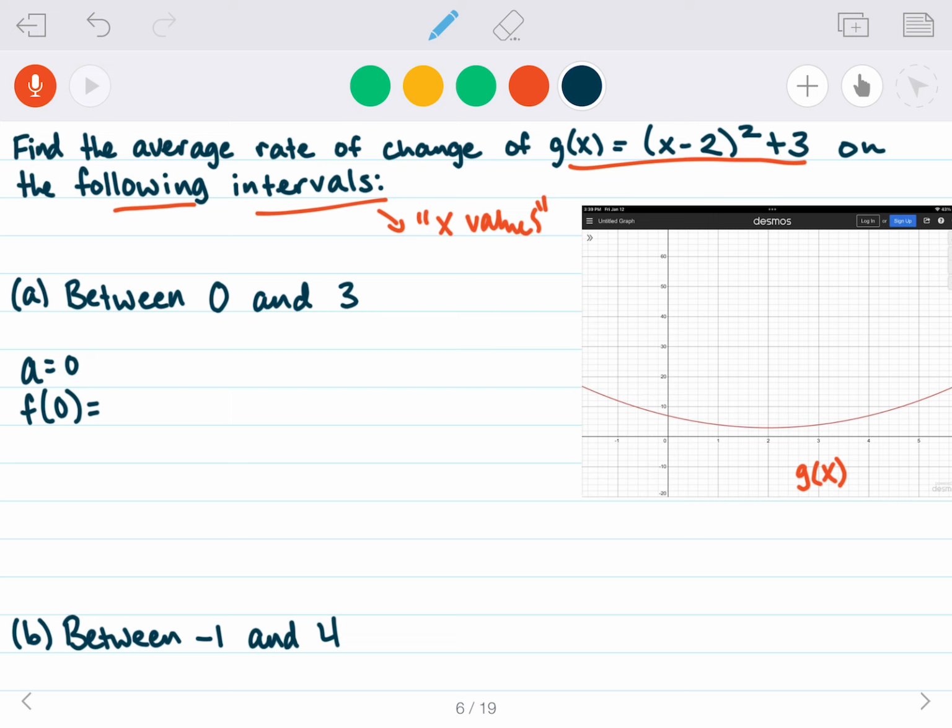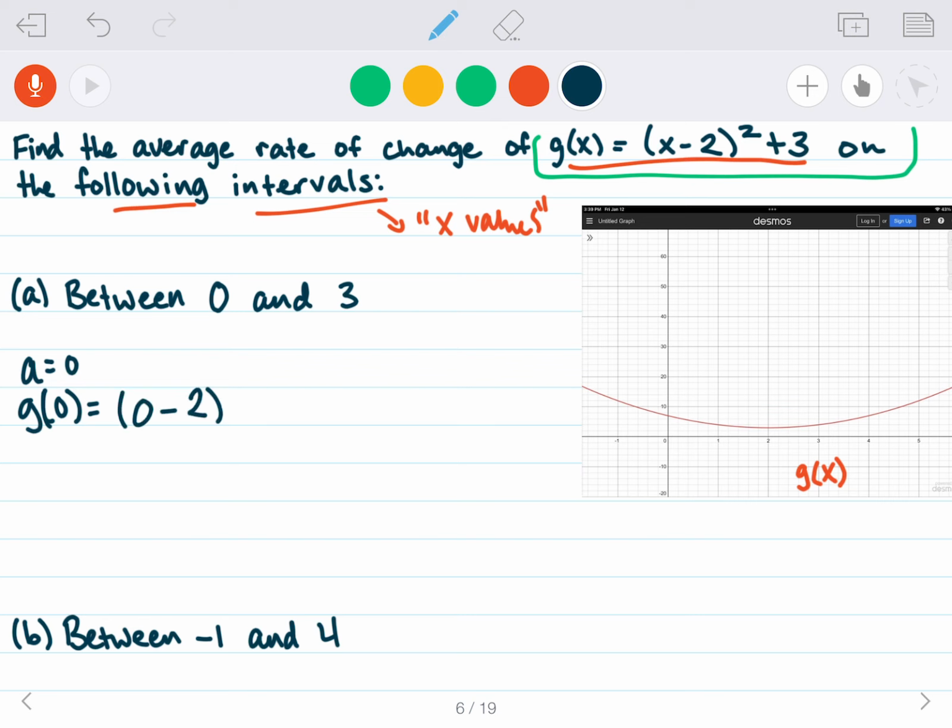Well, we can do it two ways. We can look at the graph, which isn't very helpful because it's a weird point right here that I don't know what that is. So we have a rule that is going to tell us what happens when we plug in 0. So F of 0, and actually our function's called G, so I'm going to use G, right?